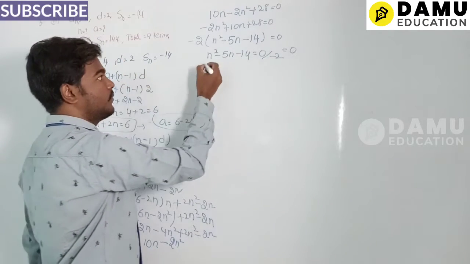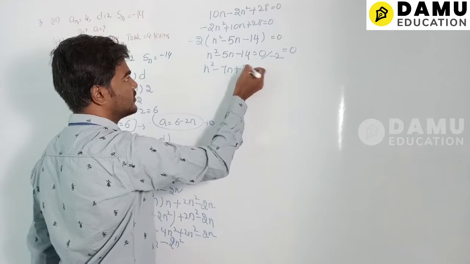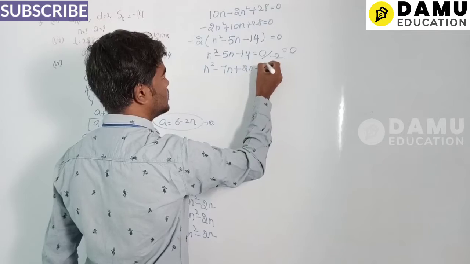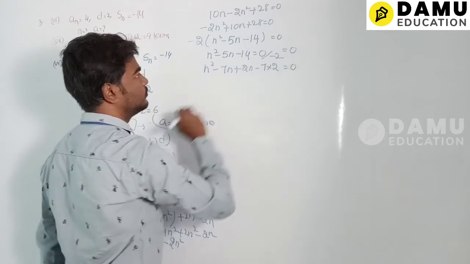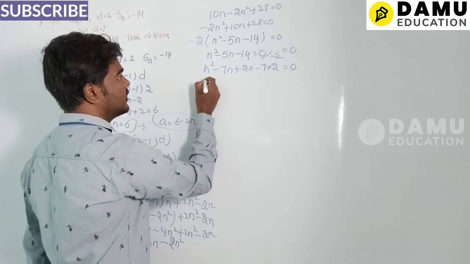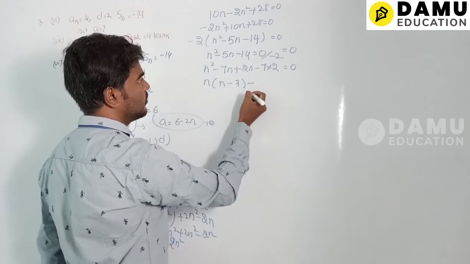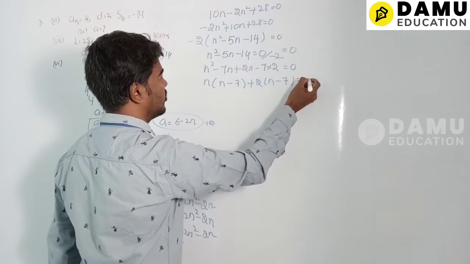So 7 2s are 14, so n square minus 7n plus 2n. So minus 7n plus 2n will become minus 5n, that is minus 7 into 2, minus 14, will be equal to 0. So here let's take common n minus 7, plus 2 into n minus 7 will be equal to 0.